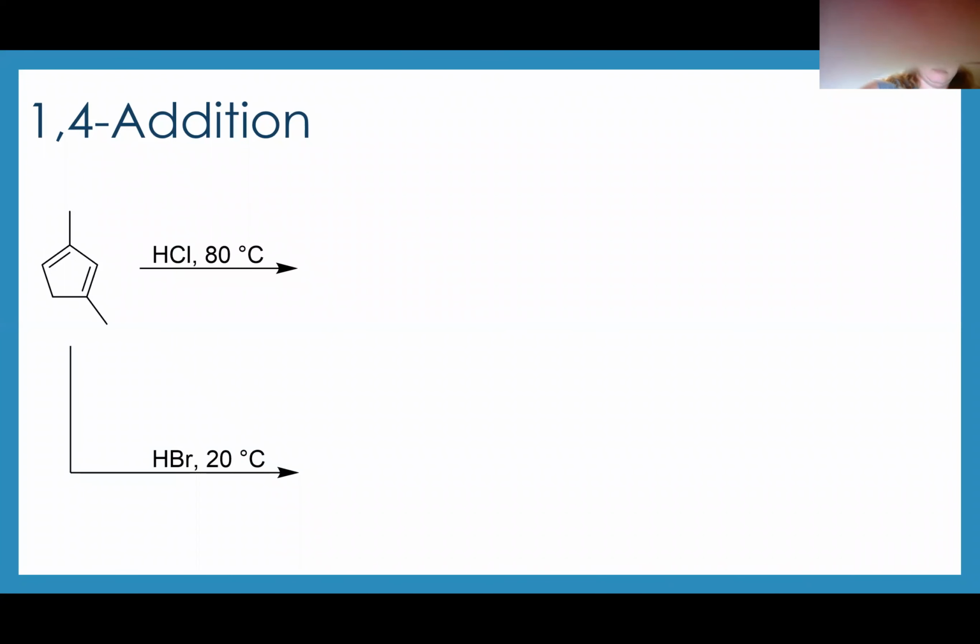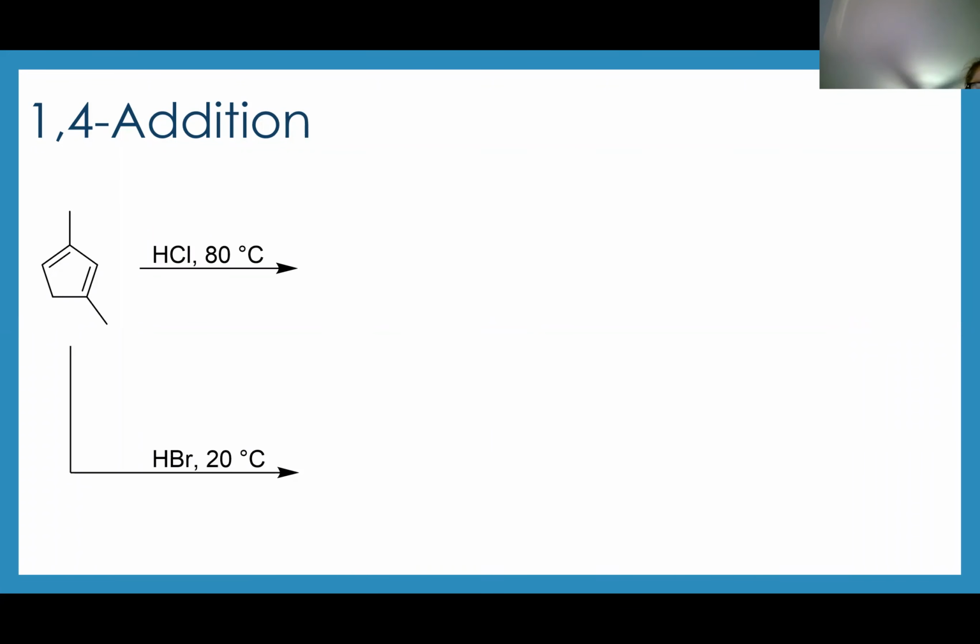It's going to be either 1,4 or 1,2. Right, so when it's a warmer temperature, something that's heated well above room temperature, we know that it's meant to be a 1,4 addition. If it's at a lower temperature, lower than room temperature, then we know it's meant to be a 1,2 addition.